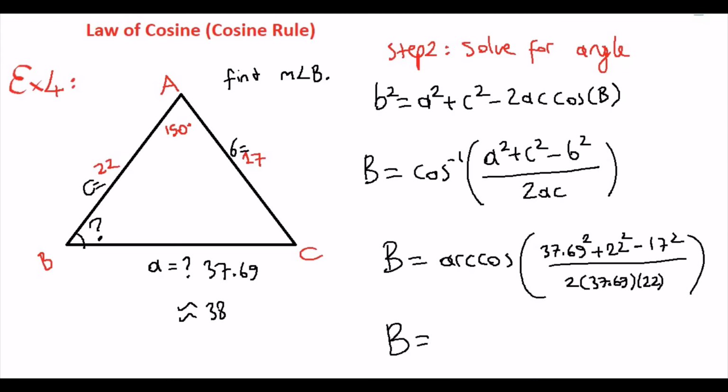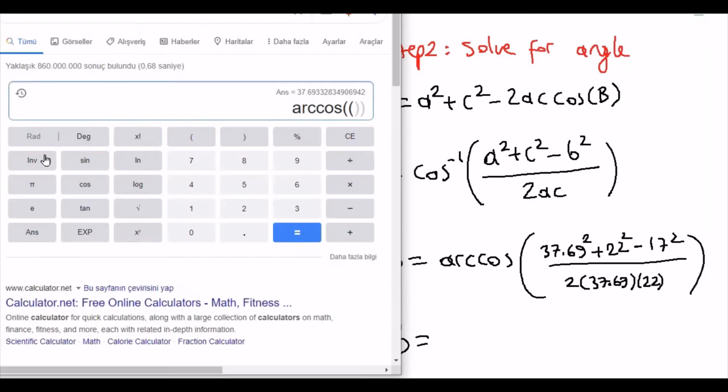So let's go to our calculator. We can start over to show. Click on inverse, pick arc cosine. We need here 2 parentheses, one for the numerator, one for the denominator.